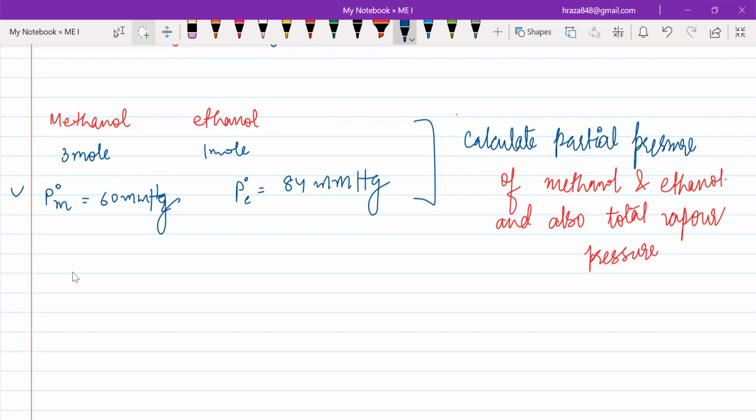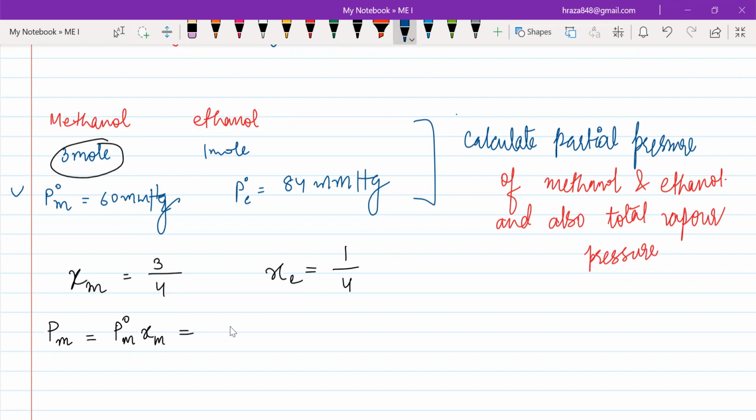First, you need to calculate the mole fraction of methanol, which will be equal to the number of moles of methanol upon total number of moles, that will be 3 by 3 plus 1, which is 3 by 4. And the mole fraction of ethanol will be equal to 1 by 4. Now, in order to calculate the partial pressure of methanol, we have the formula: pure pressure of methanol into mole fraction of methanol.